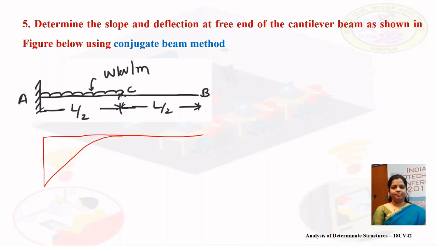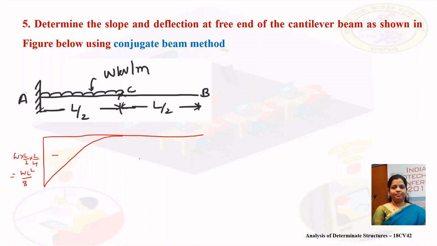So half of the portion will be parabolic. So the loading will be W into L by 2 and half of this L by 2 will be L by 4. Therefore, W into L by 2 into L by 4, its value will be WL square by 8.